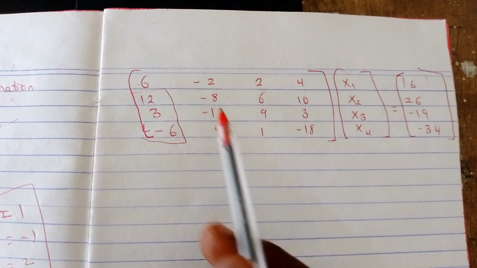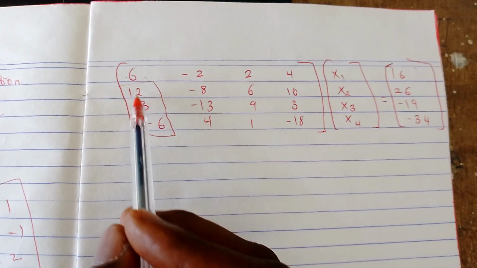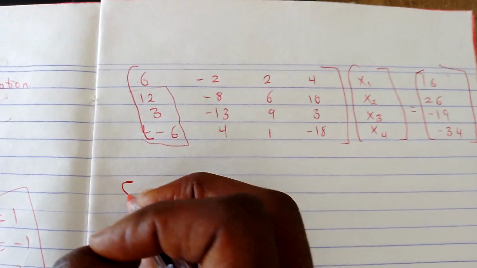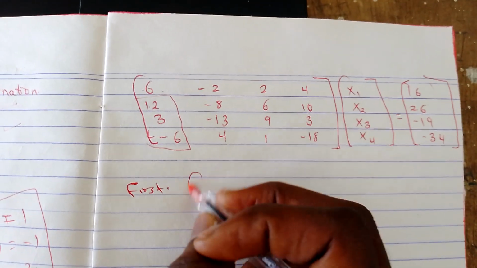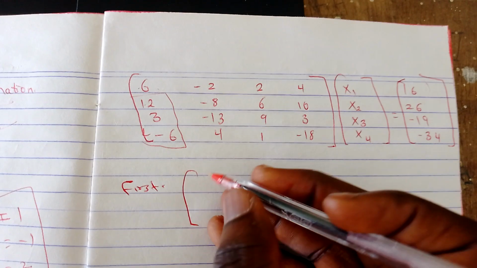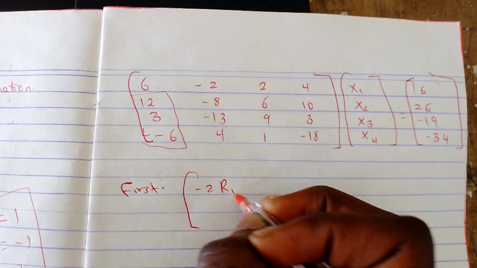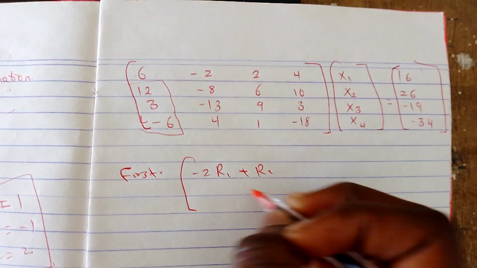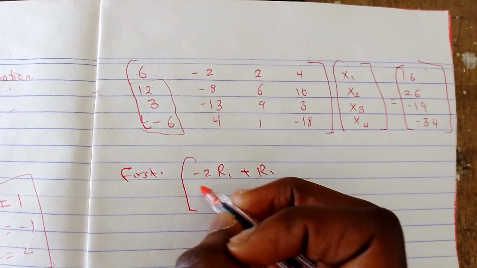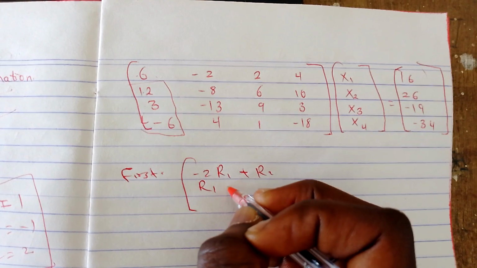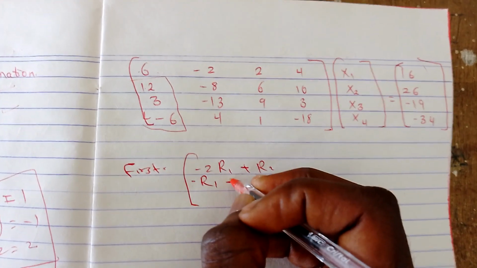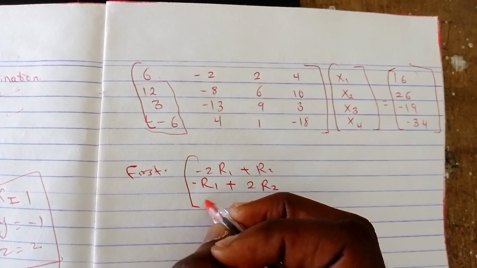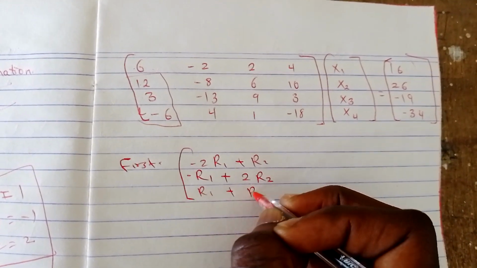Always pay attention to these ones. For the first one, I'll just give you the blueprint. Here we have negative 2 times r1 plus r2, and then negative r1 plus 2 times r2, and then r1 plus r2.